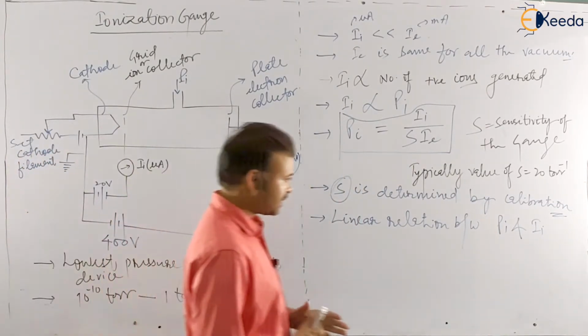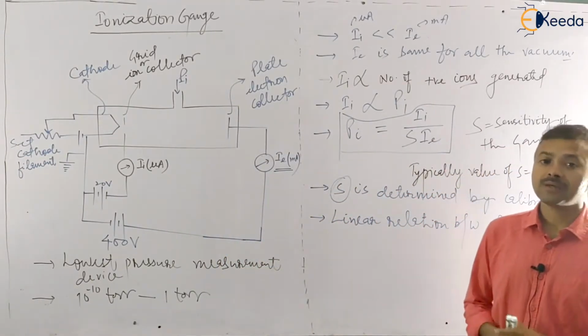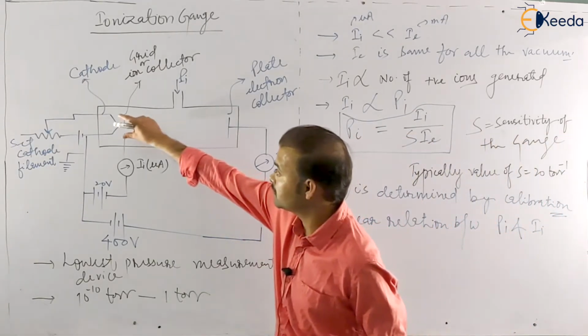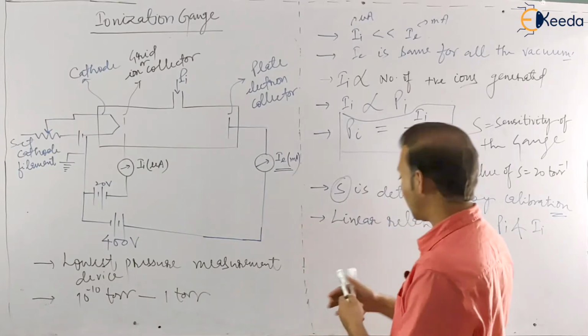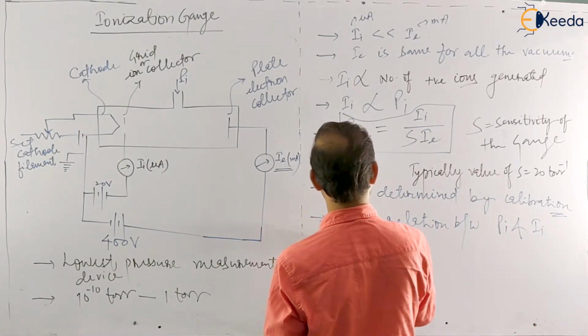Okay, there is a disadvantage of the ionization gauge. What is the disadvantage? This filament, this cathode, may burn out.